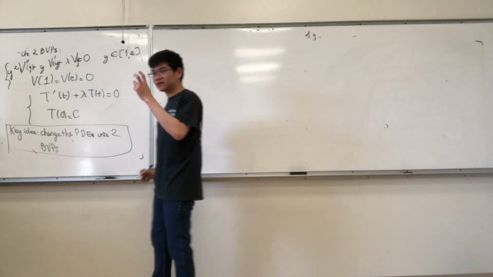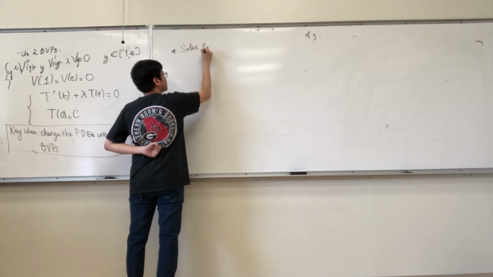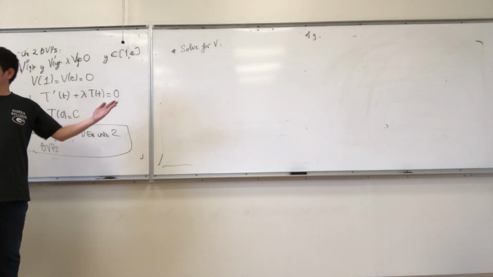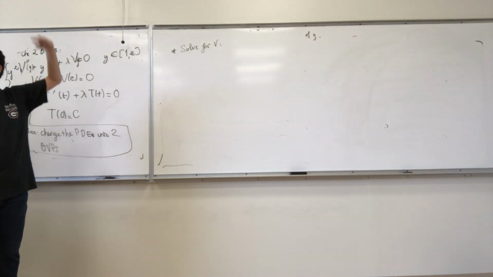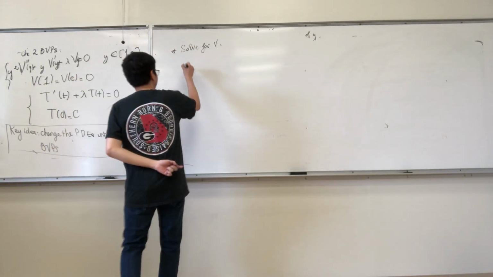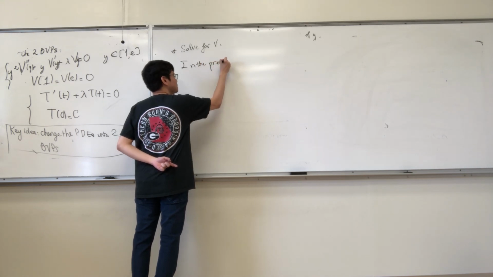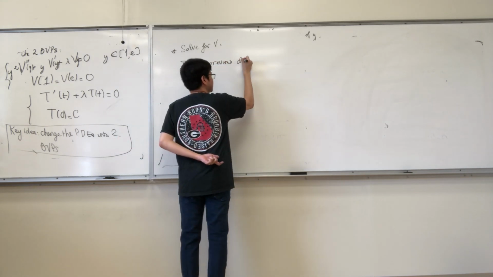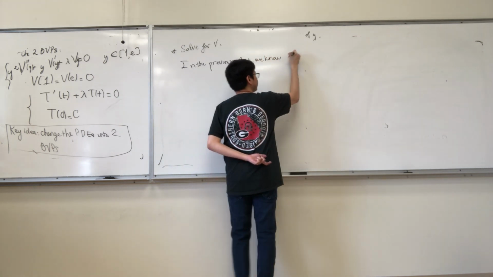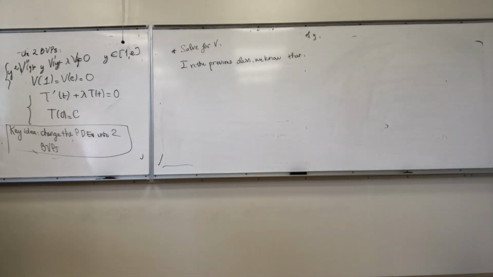So now you have to do two steps. First you have to solve for v. But in order to solve for v, you have to go through all of the three steps. In the previous class, we know that, so what is the value that we obtained from the previous class?